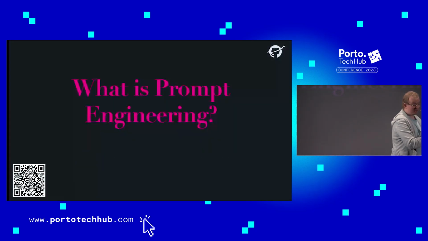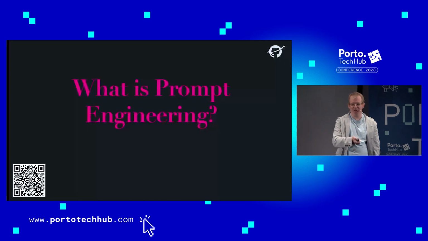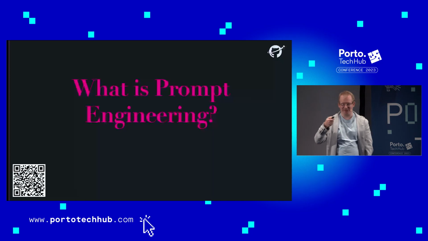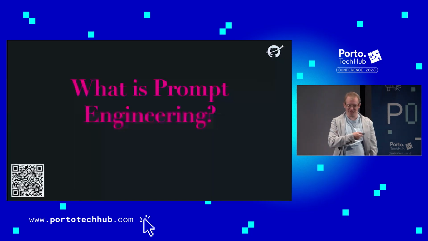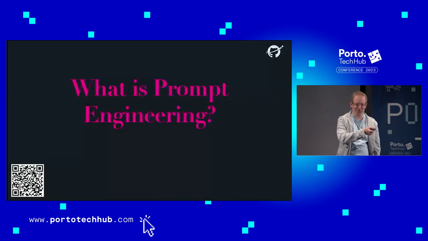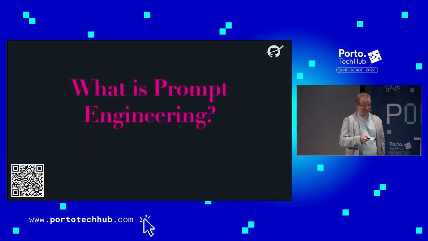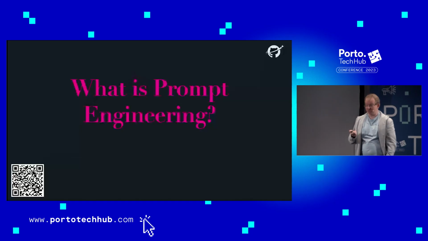But prompt engineering is basically a way to steer the model's behavior without retraining the model. Training the model is a hilariously expensive thing. It's going to cost billions of dollars probably on the scale of GPT-4. I don't know, don't quote me on those numbers. But it is a really expensive process.